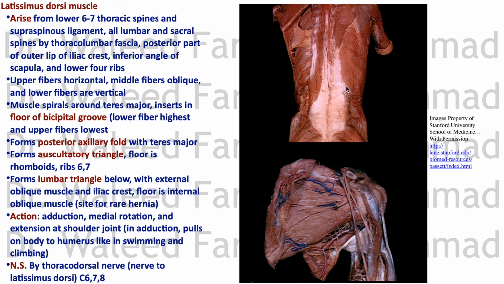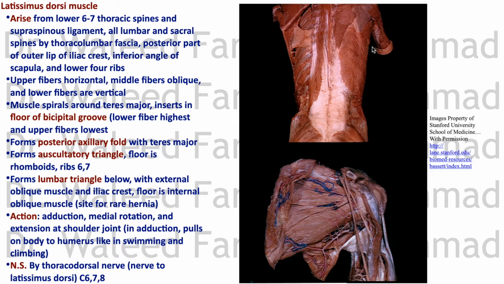It arises also from the iliac crest, lower down from the iliac crest, as you can see here. And from the lower scapula, the inferior angle of the scapula, it curves anteriorly to be attached in the floor of the bicipital groove between the pectoralis major and the teres major.